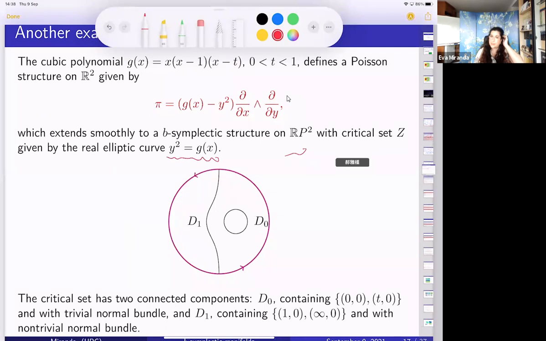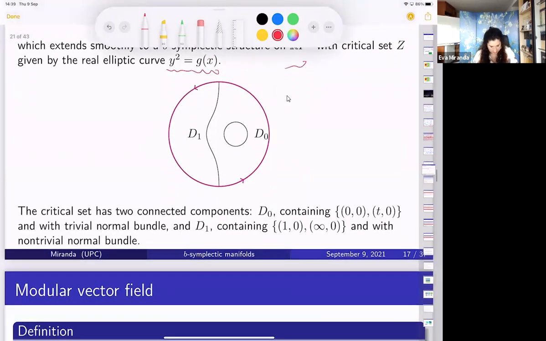This is another exercise in the list. What's nice about this example is that it obliges us to think a little bit further because this works on RP2, but you could also think of this working as a holomorphic structure on different complex coordinates. This example, you can elaborate on it as much as you want. It's a very nice example. It's an exercise in the list.